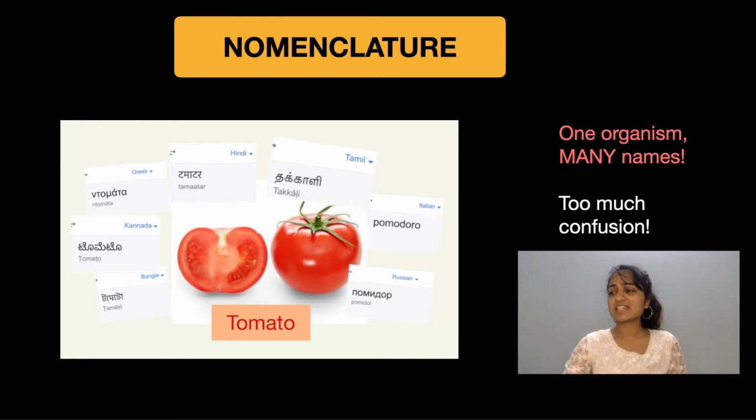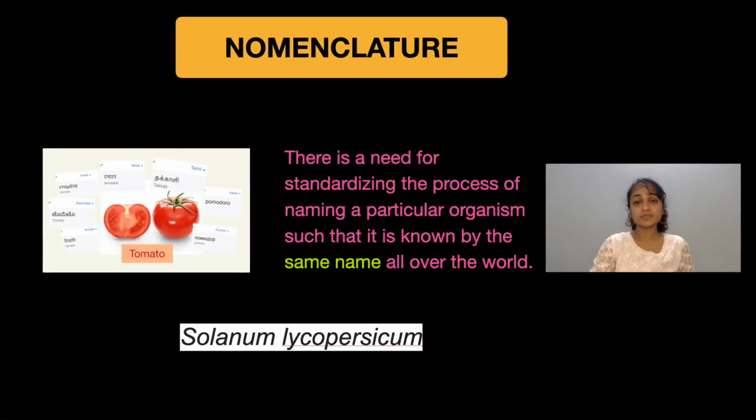So as you can see, this is one organism and there are so many names for what it can be called in different languages. And this can cause a lot of confusion, which is why there is a need for standardizing this process of naming a particular organism such that it is known by the same name all over the world. And that's why there is a need for nomenclature.